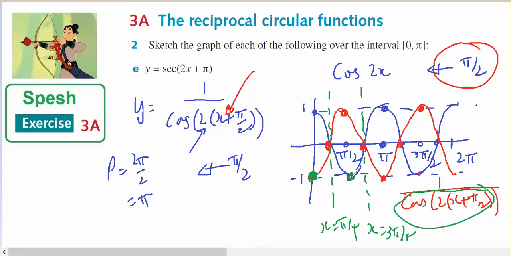This is at negative 1, then we'll be asymptotic. And that was at positive 1. It's the red curve. So I'm up here, and then I'm doing this bit. So that's going to look like this, because that was at negative 1.